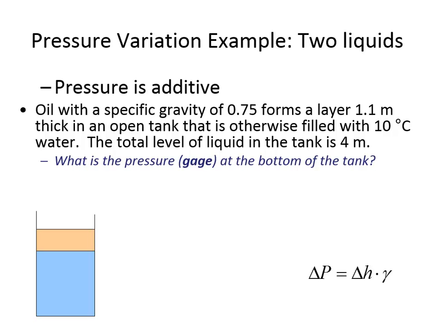So that tells us that the pressure at 2 is 8093.25 newtons per meter squared, and that's a gauge pressure.